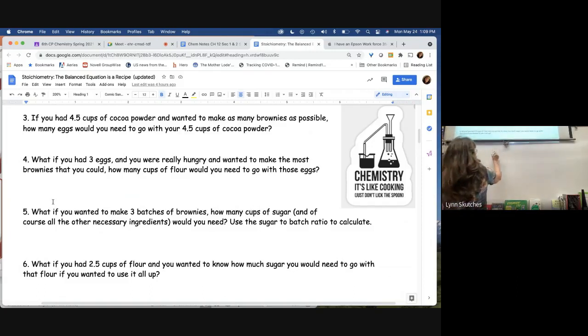So your given information is 3 eggs. You need a proportion with eggs on the bottom and flour on the top. 1.67 flours go with 4 eggs. Okay, how much flour do you need? Read this information.